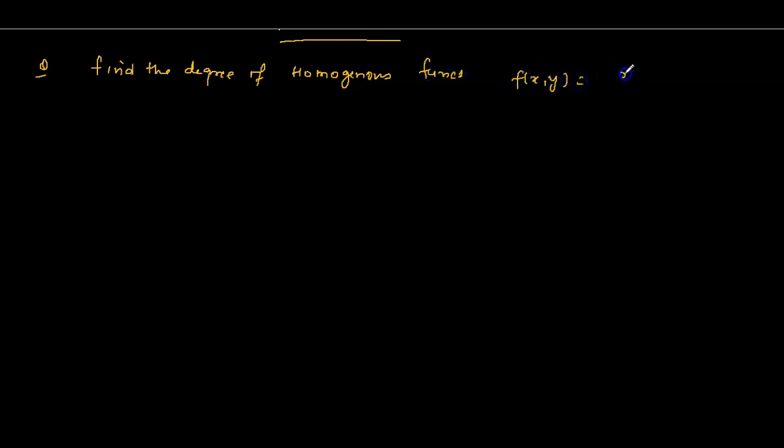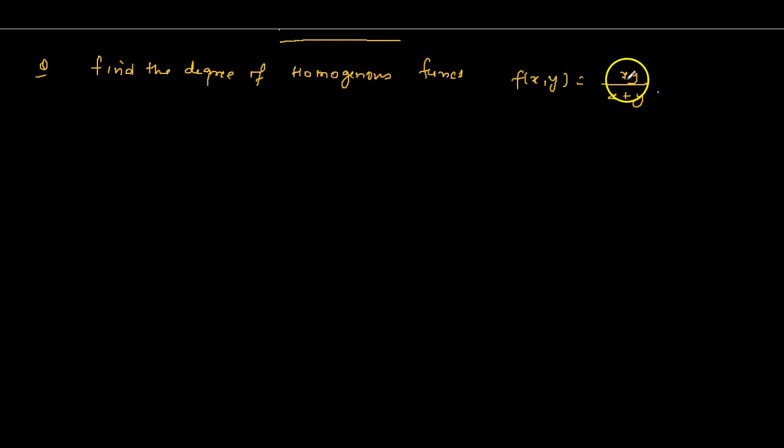This one. Next question, we find the degree of homogeneous functions. Let f of x, y be xy divided by x plus y, and verify whether Euler theorem holds here or not. So if you take the maximum power outside here, it will be x.